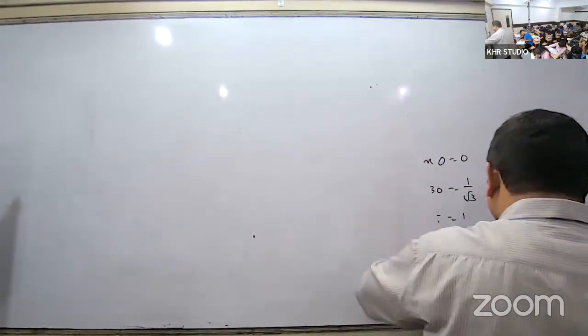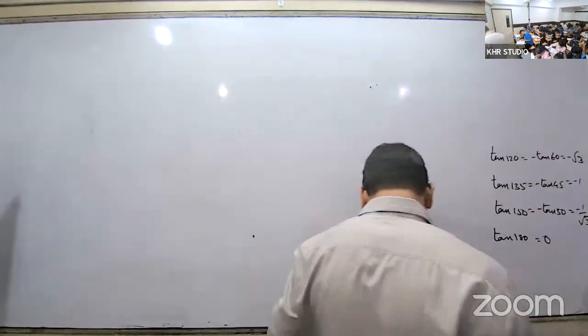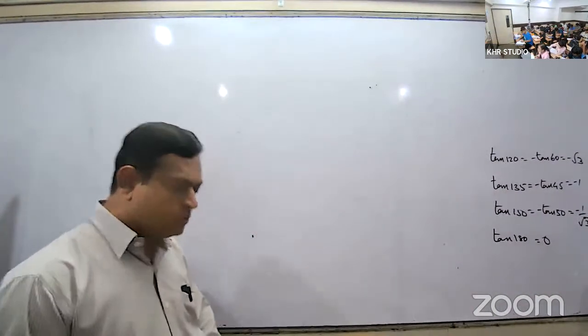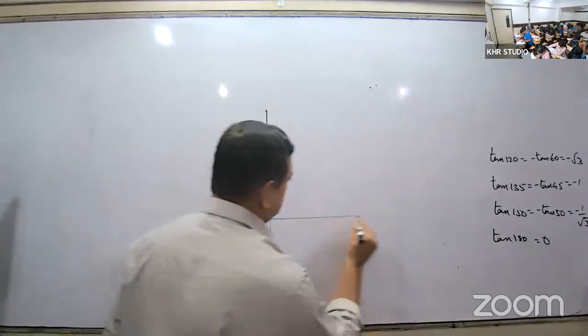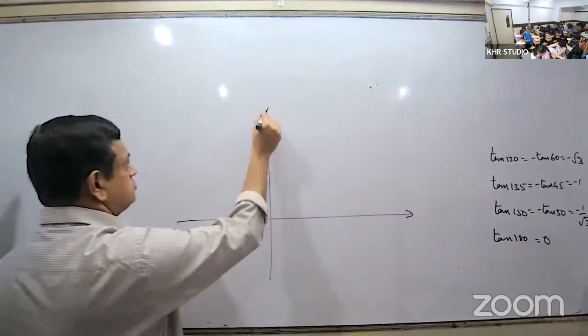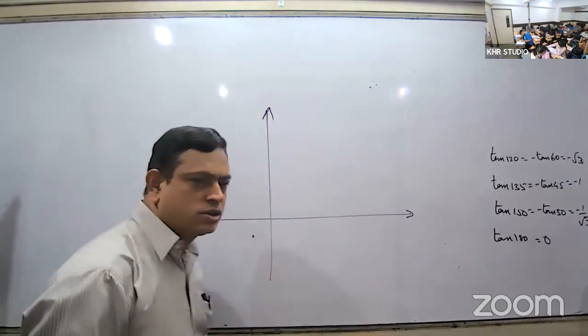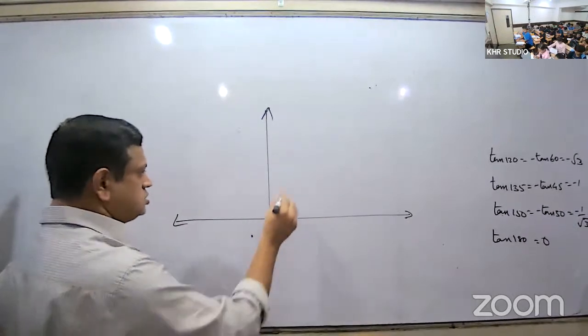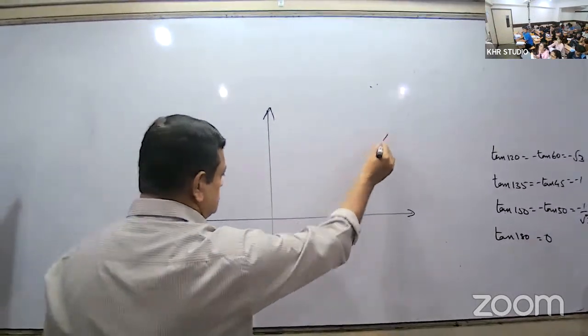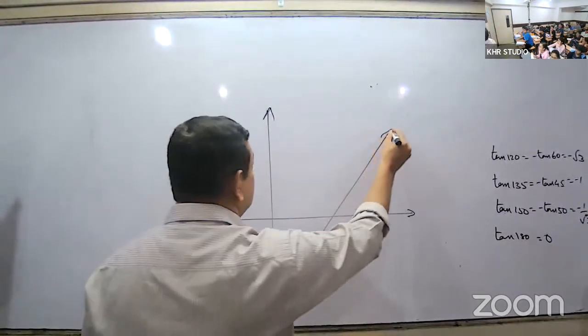Directly remember 0. Slope of the y-axis is not defined, tan 90. Slope of the y-axis is not defined. Okay. Understand all of you? Yes.